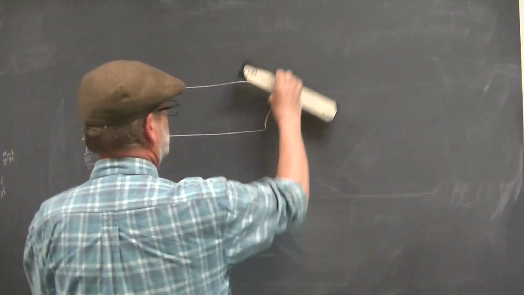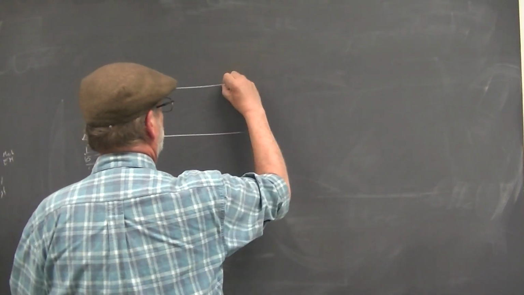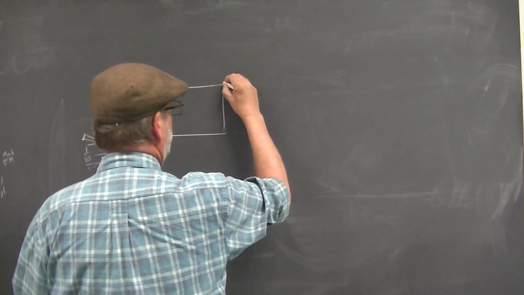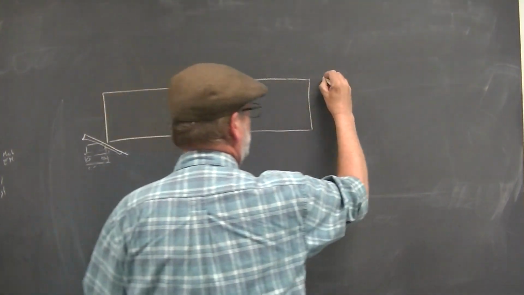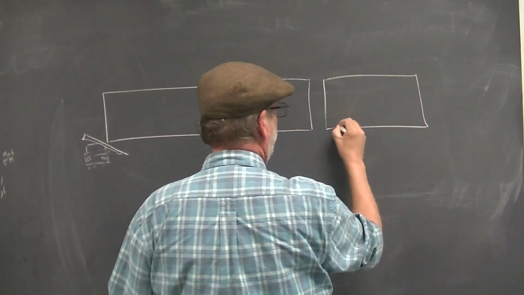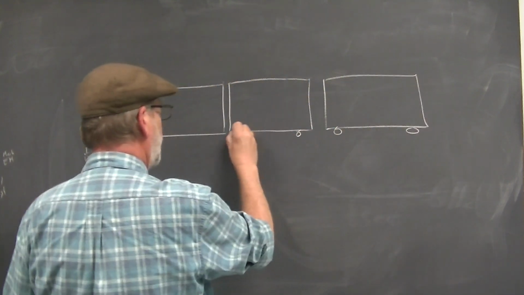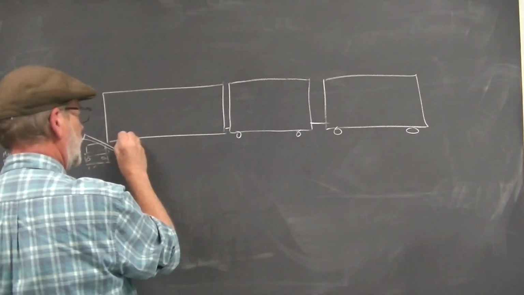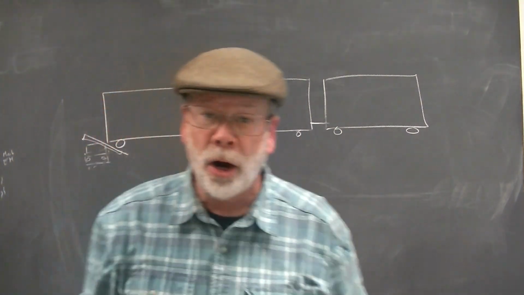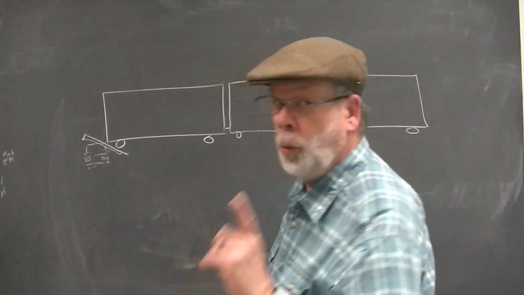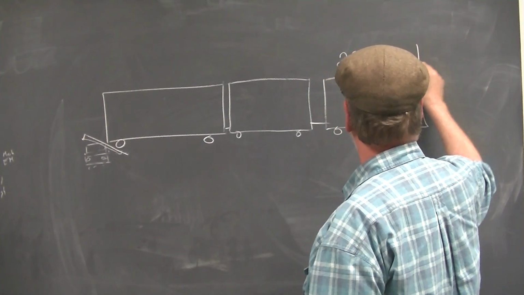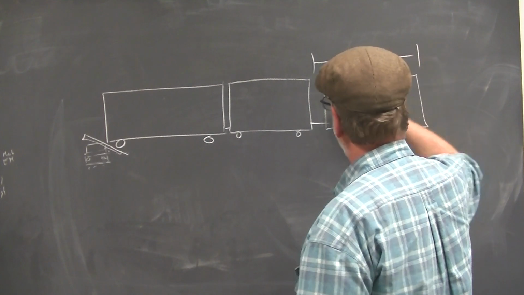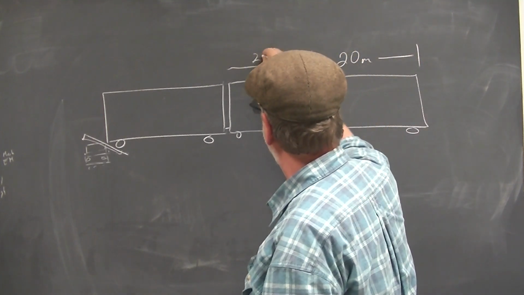I draw a little smaller so I can fit the whole thing. All right, freight train, and there's 1 car, there's another car, there's another car. So we have 3 cars passing you in 1 second, and each car is 20 meters long, from the center point to the center point, 20 meters.